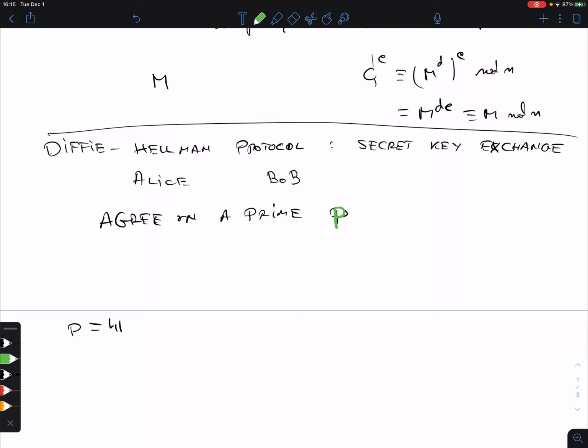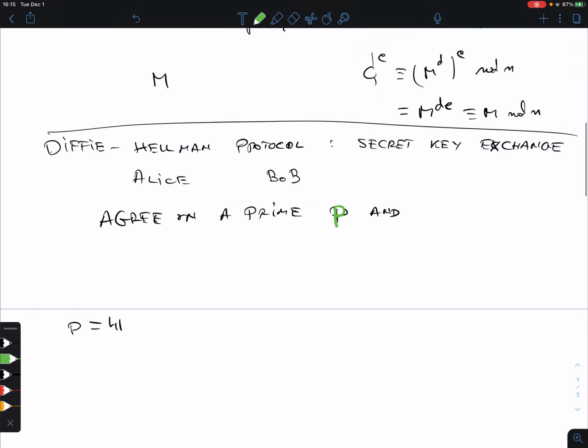And they also agree not only on a prime P, but on a primitive root A modulo P. I remind you what that means.